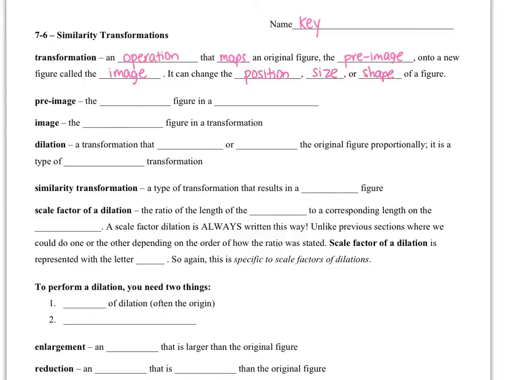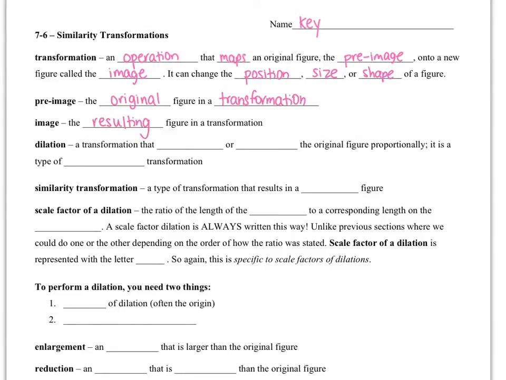So let's go over some vocab that was in there in transformation. So pre-image is the original figure in a transformation. So pre-image is before. And then we have the image, which is the resulting figure after a transformation.